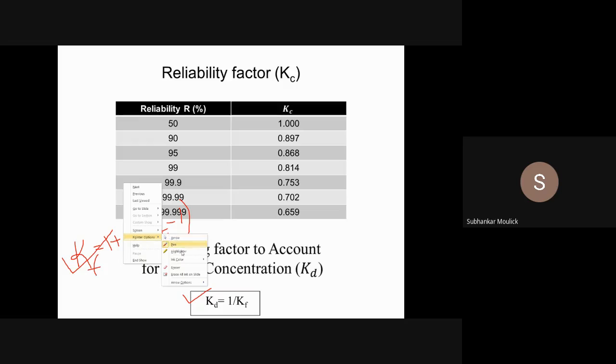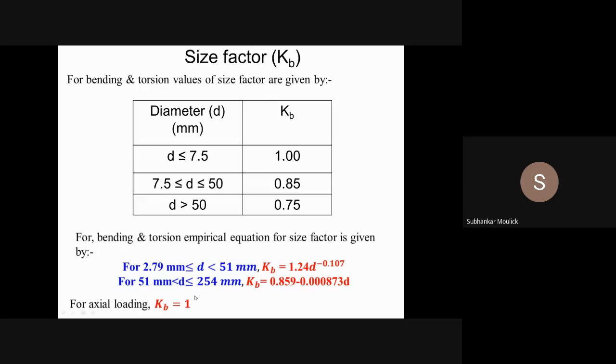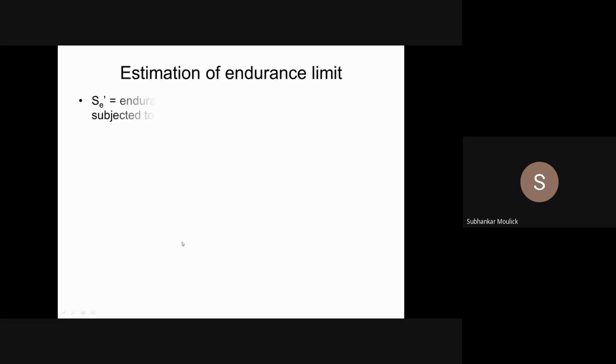So these are the four different derating factors which you have to take into account whenever you are designing a component for fatigue, because during that condition you will be evaluating the real-time endurance limit, based on these values, that is Se = Ka, Kb, Kc, Kd into Se dash.